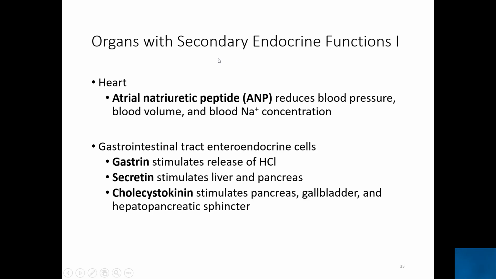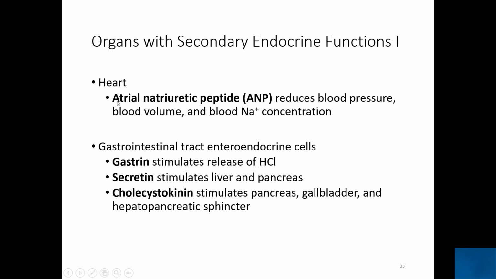Other organs. Their primary function is not being endocrine glands, but they still can produce some hormones. First of all, the heart. When our blood pressure is high, that makes our heart work harder.